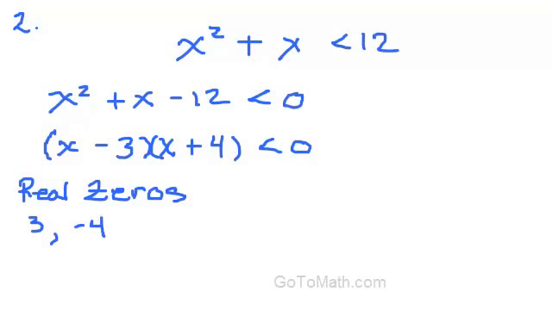Okay, and then what we'll do now is draw a graph. Let's label our zeros on the graph: negative 4 and 3. Now our test points.